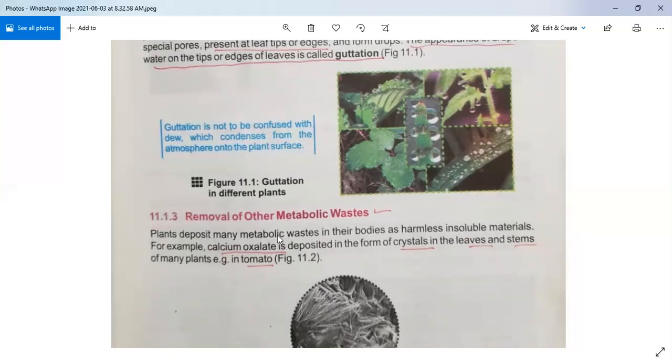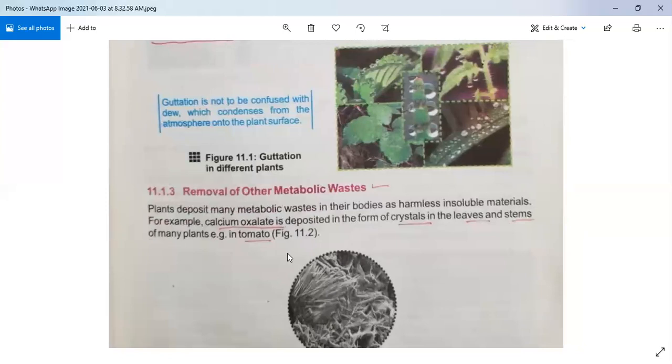So that's why a person who has a kidney issue does not eat tomato, because it has calcium oxalate, and if it is deposited in the kidney, it can cause obstruction, it can cause kidney stones.